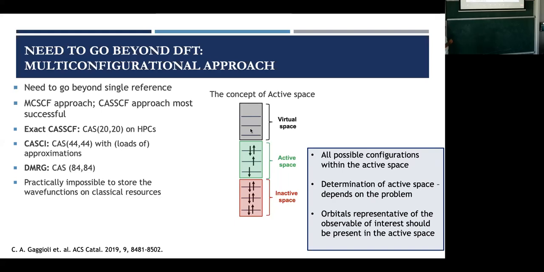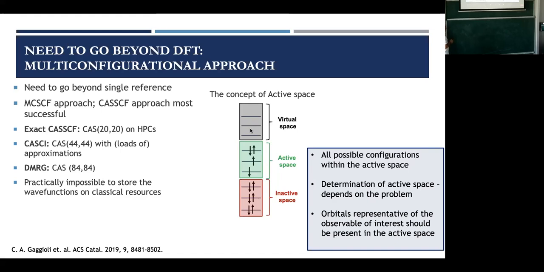By far, for exact CASSCF calculations, people have gone up to CAS(20,20). Here, the first number means the number of electrons, and the second number means the number of orbitals. These are spatial orbitals and not spin orbitals.